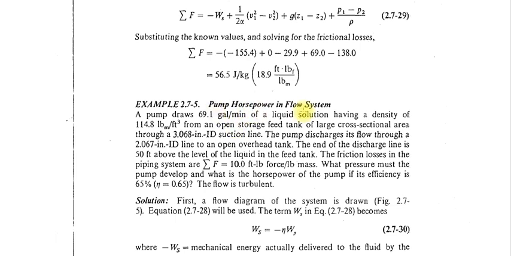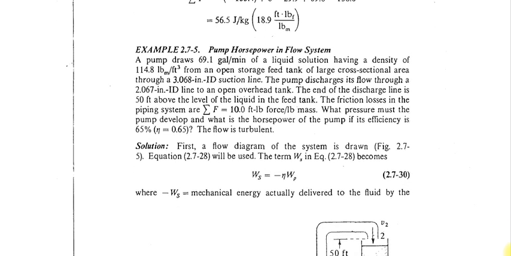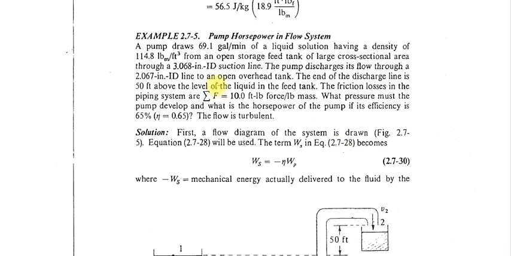Now we will see the next problem, that is the pump horsepower in a fluid flow system. Basically this is in English units, so you have to solve this problem in English units. A pump draws 69.1 gallons per minute of a liquid solution having a density of 114.8 pounds per feet cube from an open storage tank of a large cross-sectional area, with a 3.068 inch internal diameter suction line.